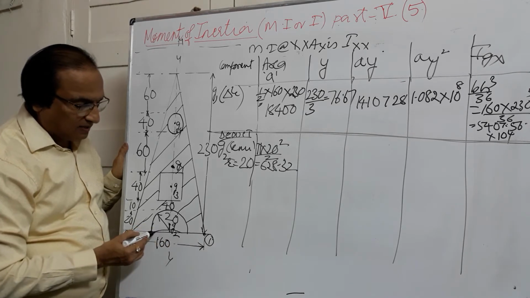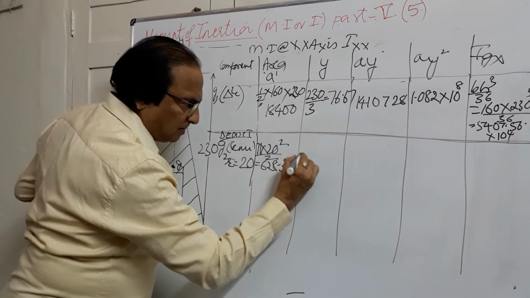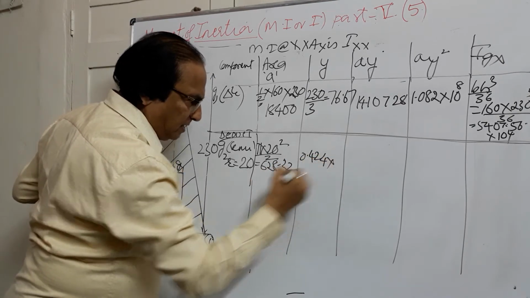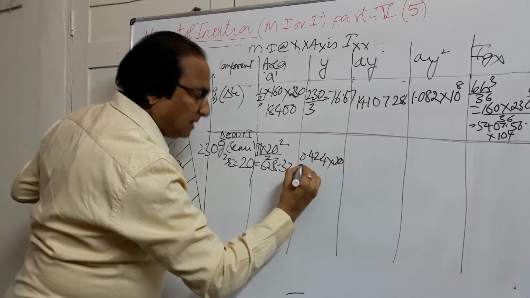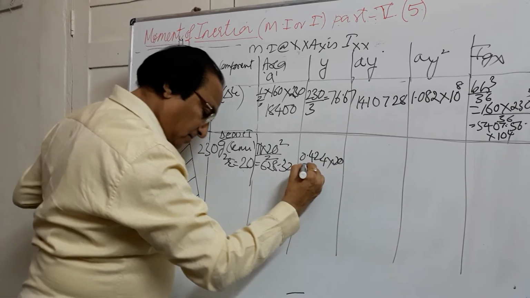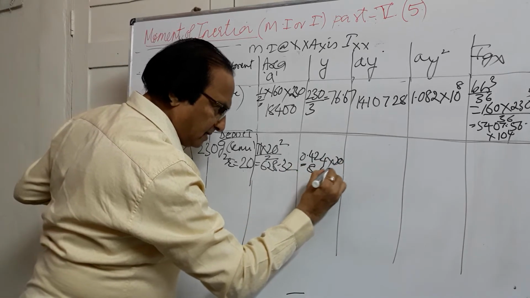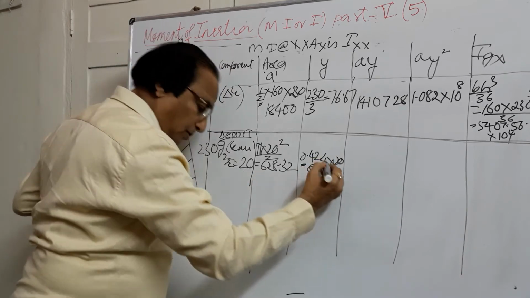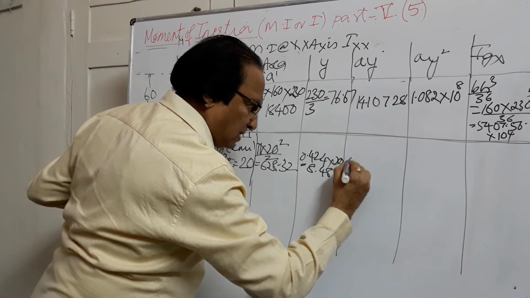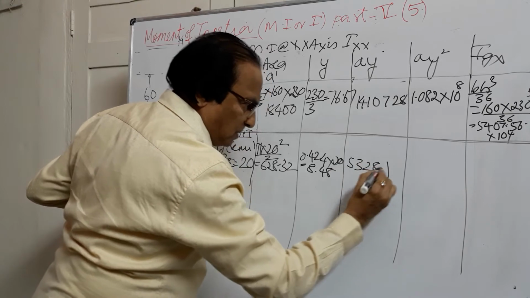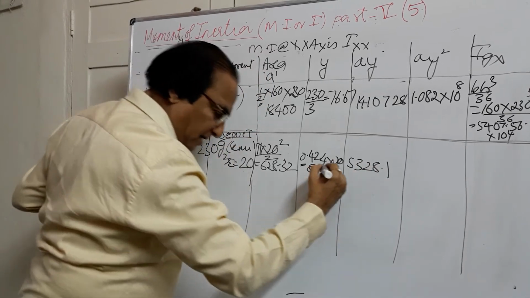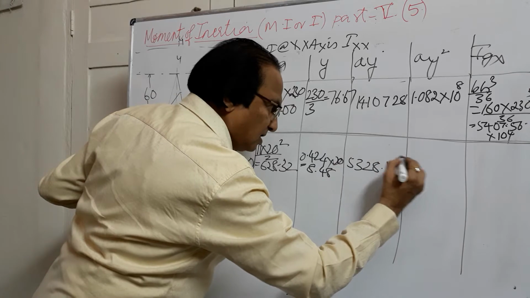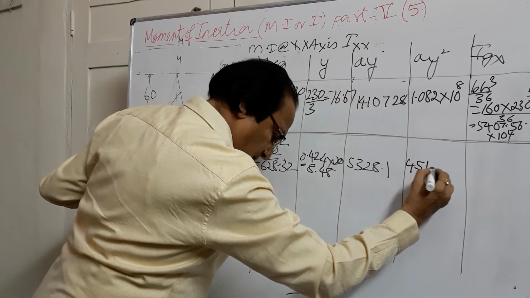It is coinciding with the axis also. So this distance will be equal to 0.424 into r, r is 20. If you multiply this, you get 8.48. Multiply these two, you get 5328.1. Again you multiply these two, you will get ay square, and this ay square will be 45186.